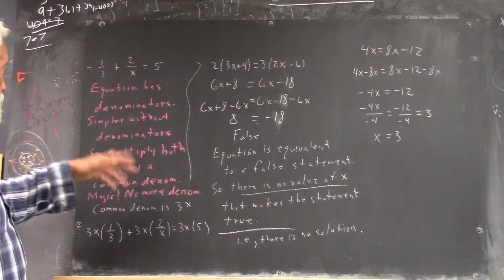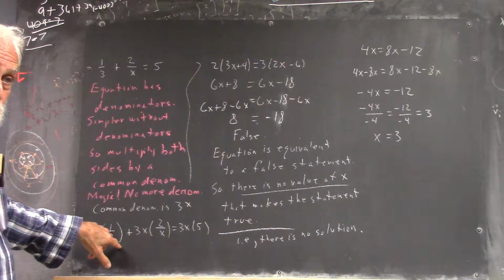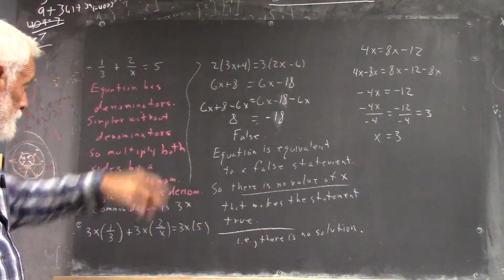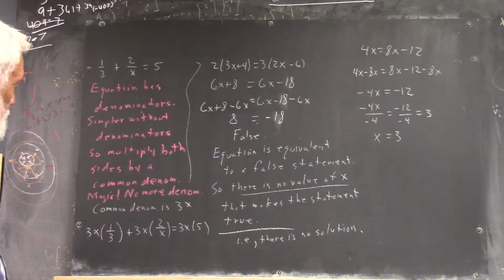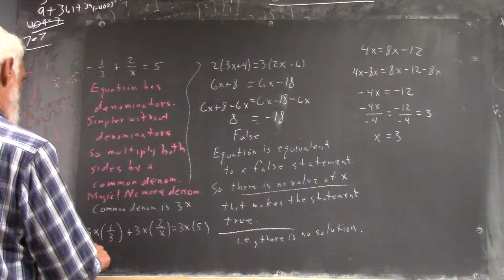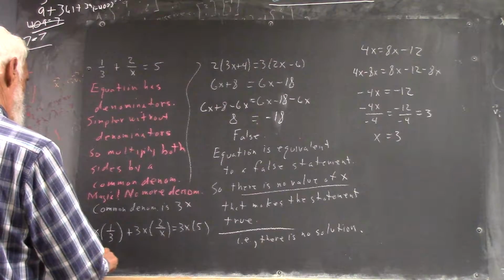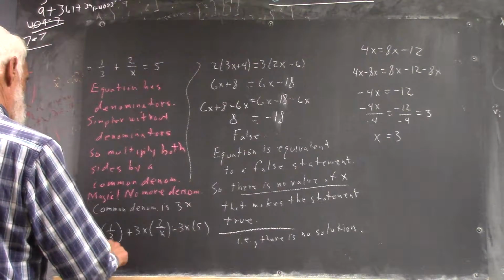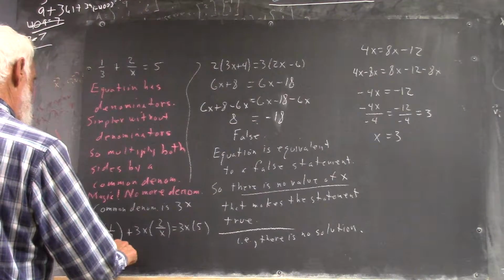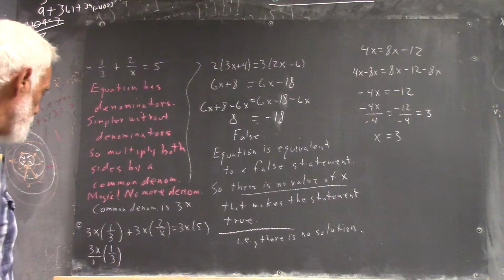And multiplying it by the left side, we have to distribute through the addition. We get this, right? On the right side, we get this. Okay? Now, since we're probably a little shaky on fractions, I'm going to write this as 3x over 1 times 1/3.